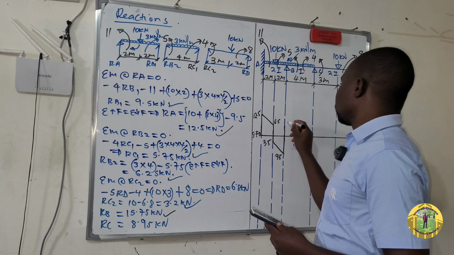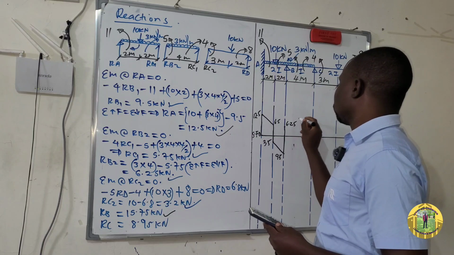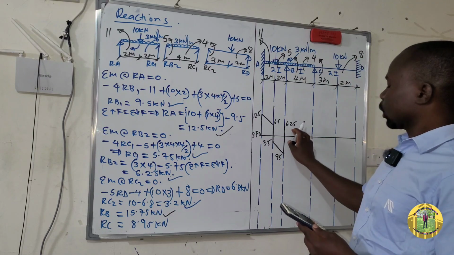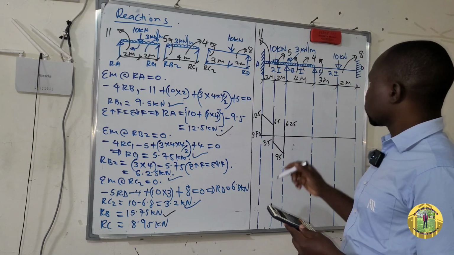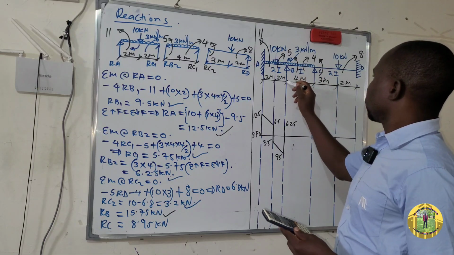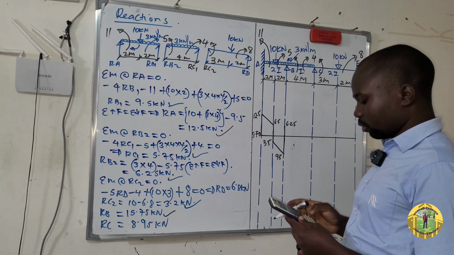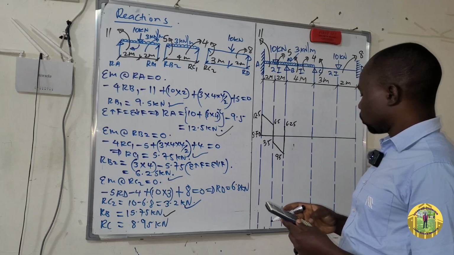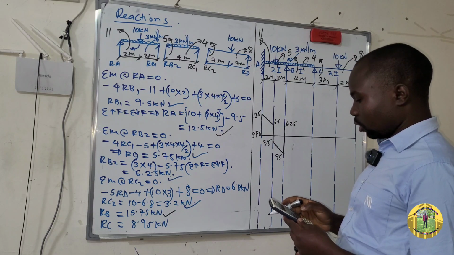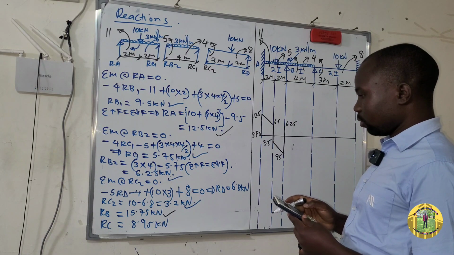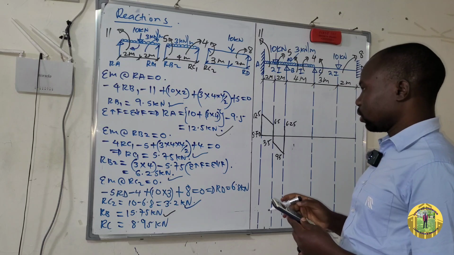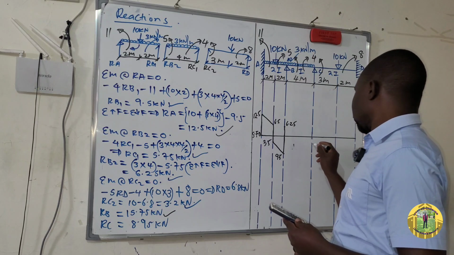Take 6.25 minus a UDL from here to this point. So that is 3 times 4, that is 12, minus 12. You'll get negative 5.75 somewhere like here.